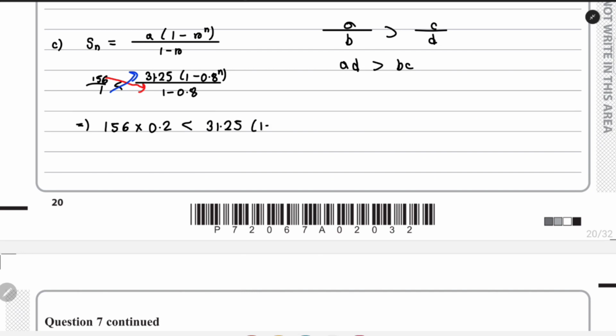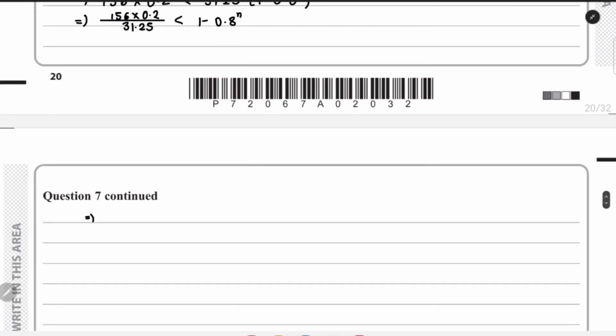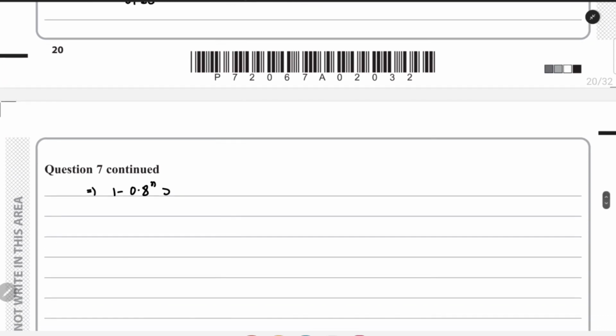31.25 times 1 - 0.8^n. We can move the 31.25 to the left, so we have 156 into 0.2 divided by 31.25, which is less than 1 - 0.8^n. So we get 1 - 0.8^n is greater than 0.9984.